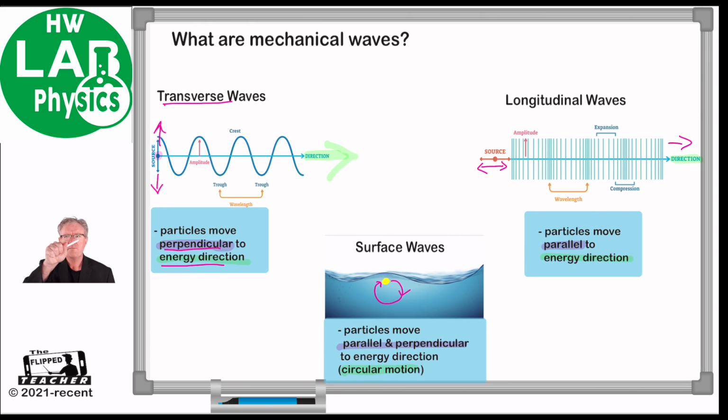It'll move parallel to the motion, and then it starts to move perpendicular to the motion. And that movement around is circular. And so water molecules end up producing these round motions in their surface waves. We can also have surface waves in the ground, and that's when we have surface waves for seismic waves.